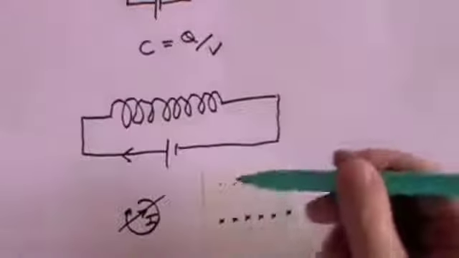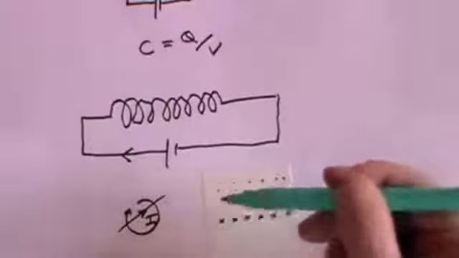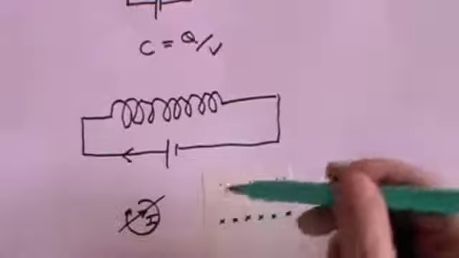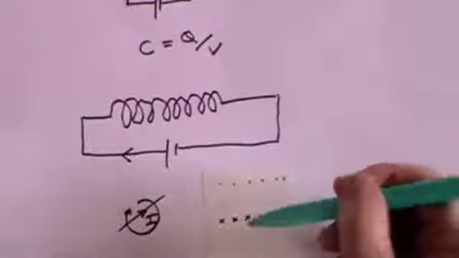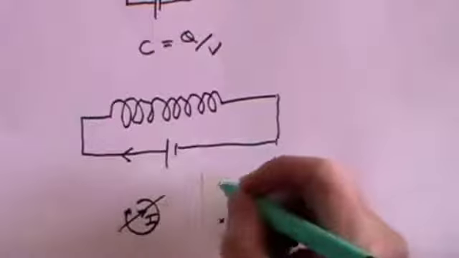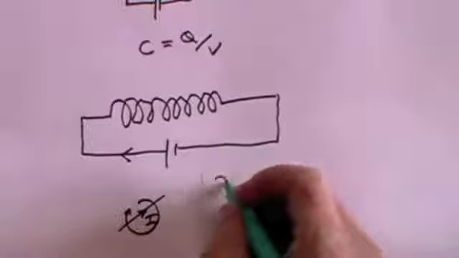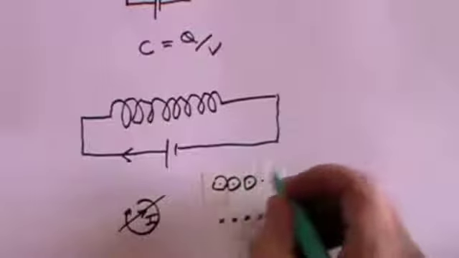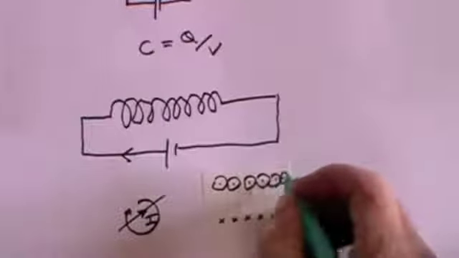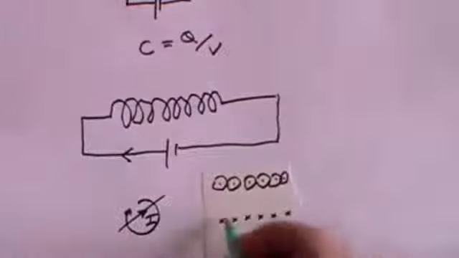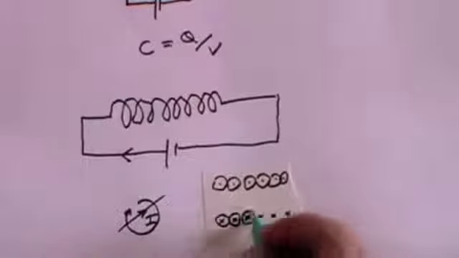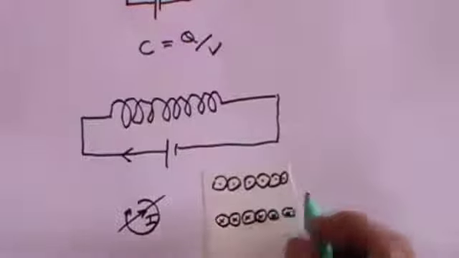At the top the coil goes in, at the bottom the coil comes out, and the current is going in the direction of my pen. When the current goes in, it will create a magnetic field around each of the wires in a clockwise direction. And when it comes out, it will create a magnetic field in the anti-clockwise direction.